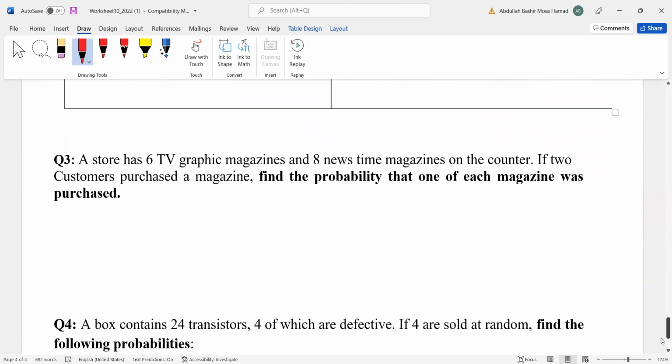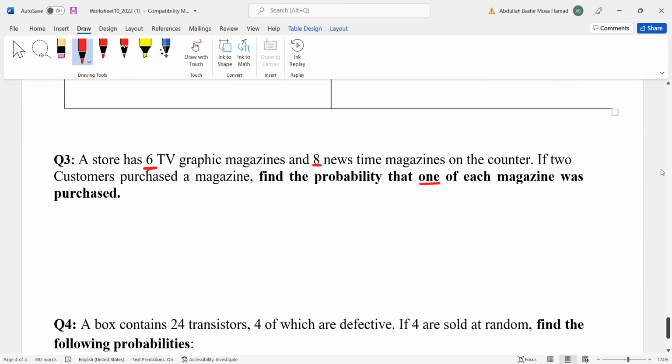Let's see these questions. The store has 6 sports, 8 graphic, and 8 news magazines on the counter. If two customers purchase a magazine, find the probability that one of each magazine was purchased.